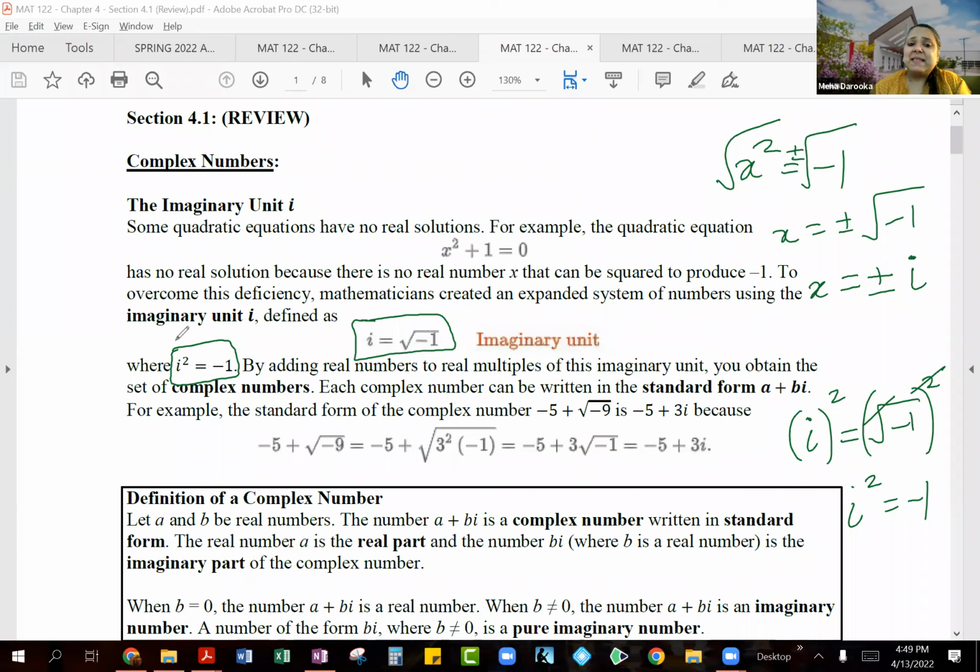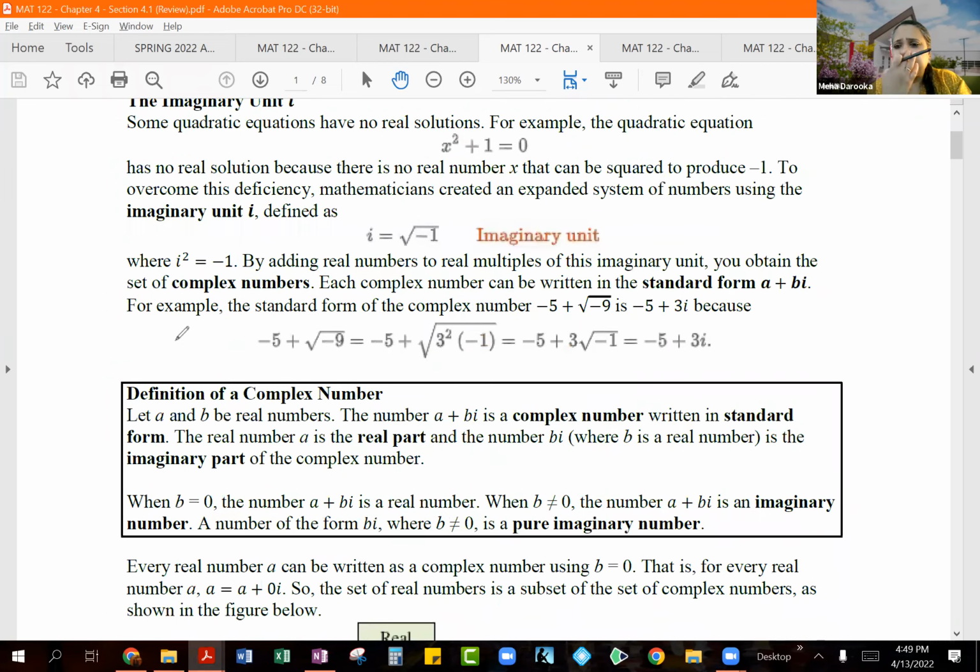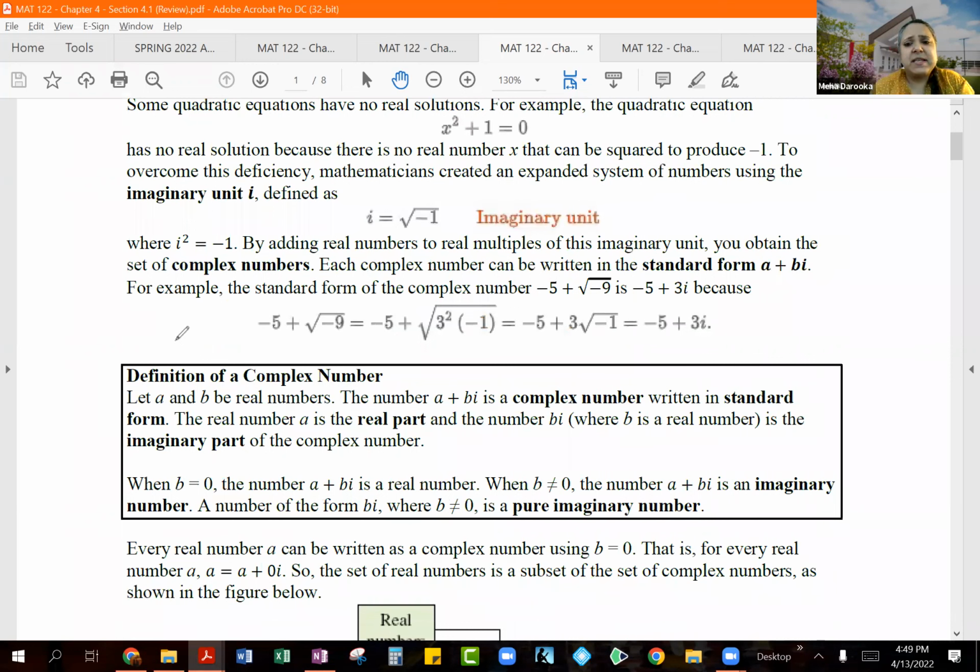Once we bring in the idea of imaginary numbers, it expands our repertoire. We're able to solve more equations that we would not be able to solve with only real numbers. I'm hoping you're familiar with some of this.